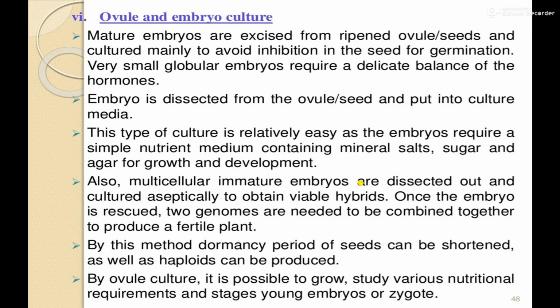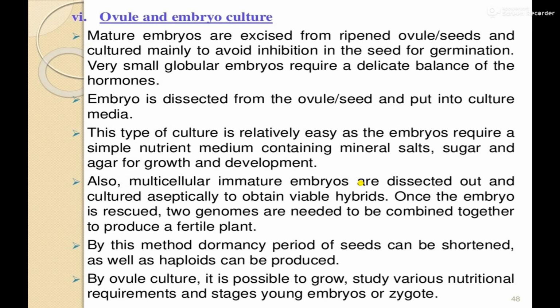Embryo is dissected from the ovule seed and put into culture media. This type of culture is relatively easy as the embryos require a simple nutrient medium containing mineral salts, sugar, and agar for growth and development.